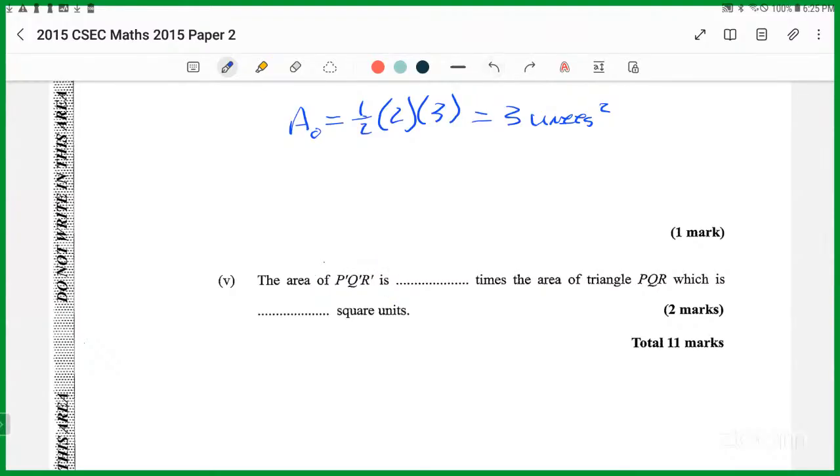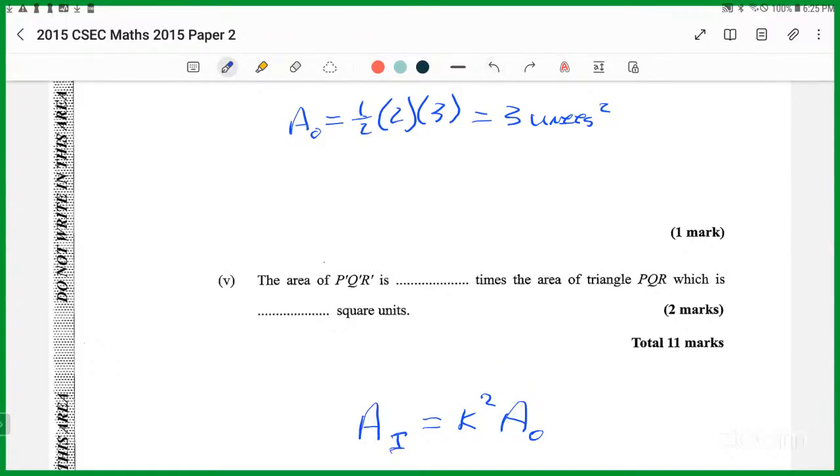Remember now, when it comes to area, this is a relationship that you must know. The area of the image of an enlargement is k squared times the area of the object. K squared. That's a must-know item.